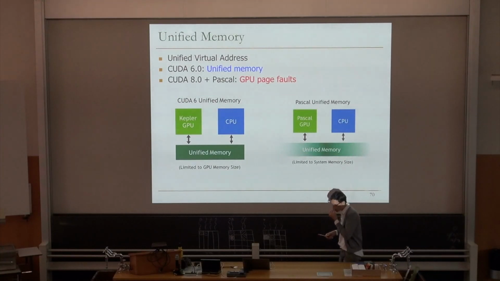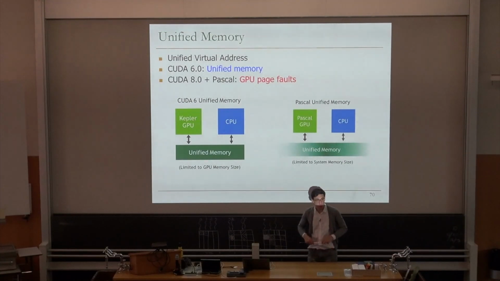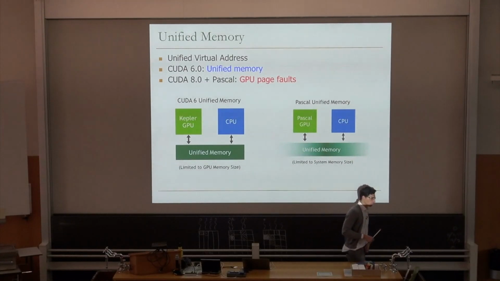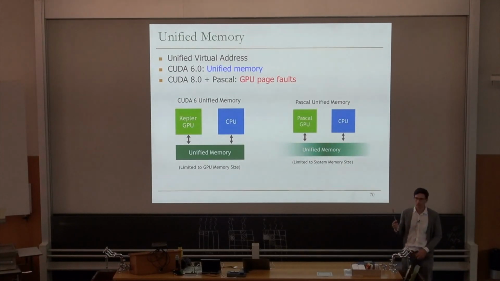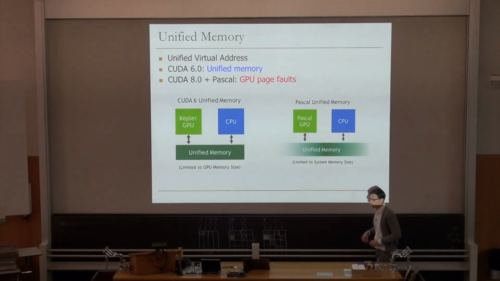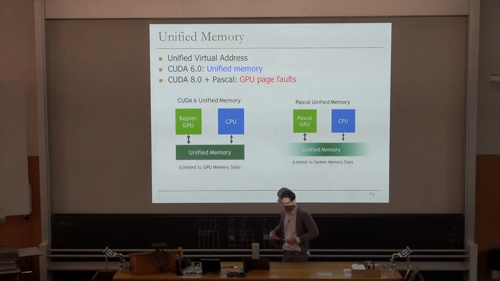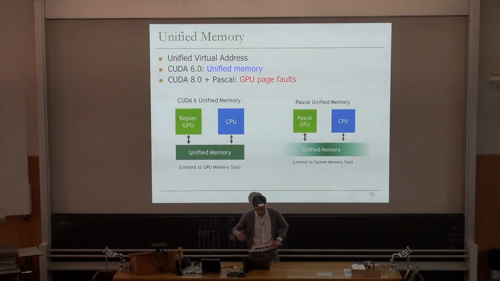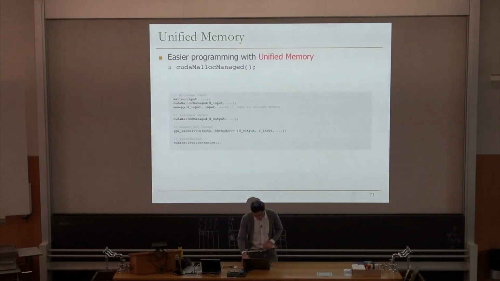They are so huge that they might not fit into the GPU memory, even though GPU memories are larger these days, up to, I would say, 32 gigabytes, but still smaller than the main memory of the CPU and non-volatile memories that are already starting to appear, right? So this can be especially interesting these days for these reasons.